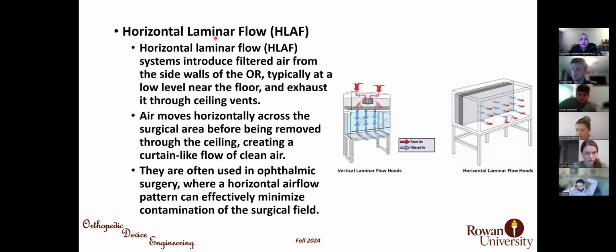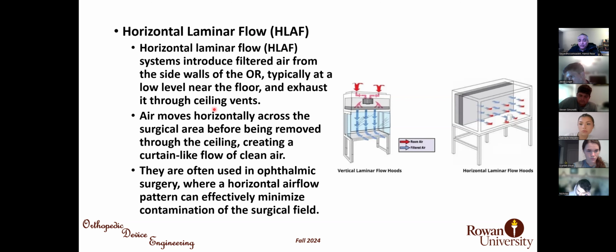In horizontal laminar airflow or multidirectional, from all around the room in the walls, the air is blown toward the operating table, and then it is removed through the ceiling. It is associated with more infections, but it is much simpler and cheaper.